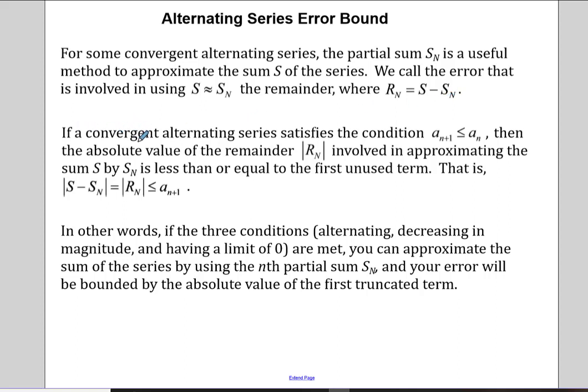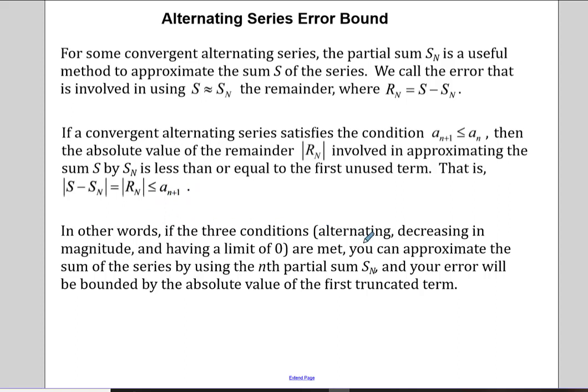So if a convergent alternating series satisfies the condition that they're decreasing, then the absolute value of the remainder involved in finding that approximation is less than or equal to the first unused term. That means we have this statement, S minus S sub n absolute value is equal to the remainder, and the remainder is going to be smaller than the very next term.